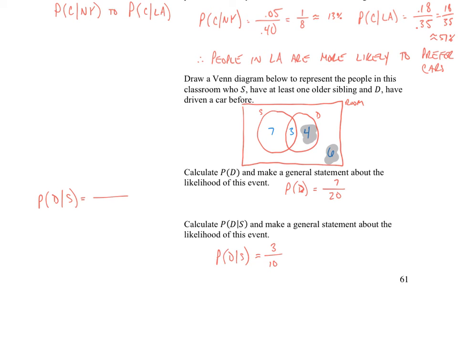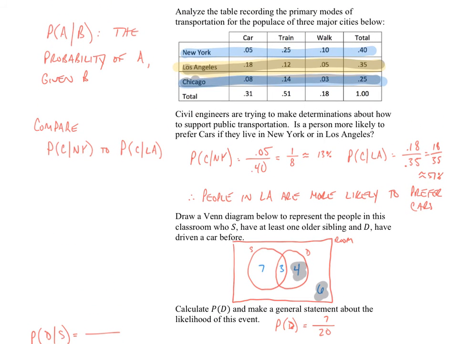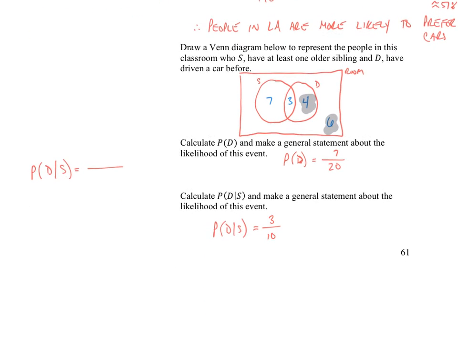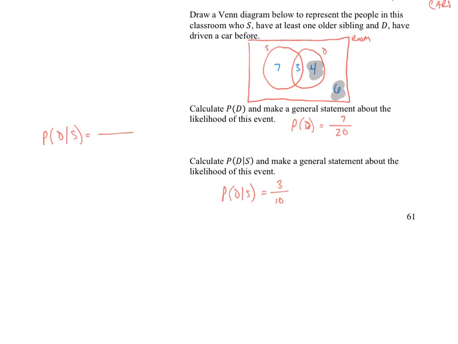Our denominator is just the number of possible outcomes, which has been changed to be the set of all things S. Or in the example above, it was the set of all things New York. This example was the set of all things Los Angeles. So the denominator changes a little bit to include only the probability of that second event. So if it's given in this case that they have older siblings, when we calculate that probability, our denominator is going to be the probability that someone has siblings just in general.